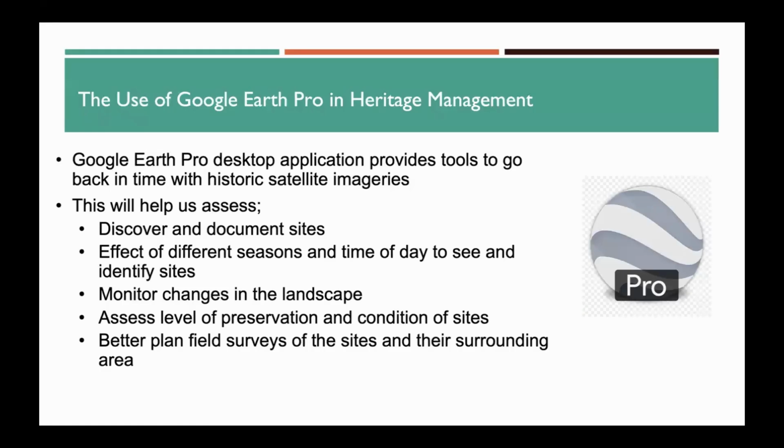There is a specific tool that takes you through time on Google Earth Pro. You can track basically to 1985 or the early 2000s, and the early 2000s are the ones that we usually use. During my work here, there were lots of sites that you can see, for example, in 2002 on the satellite imagery, but in 2023 they no longer exist.